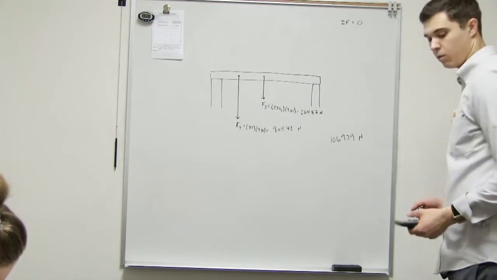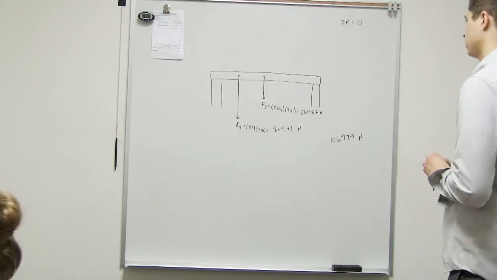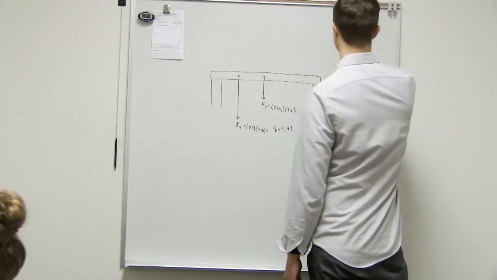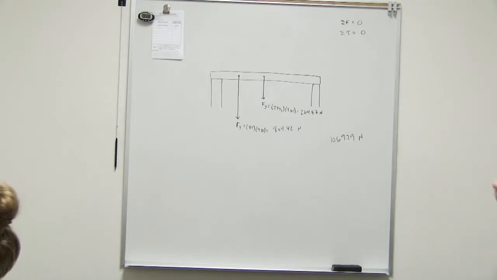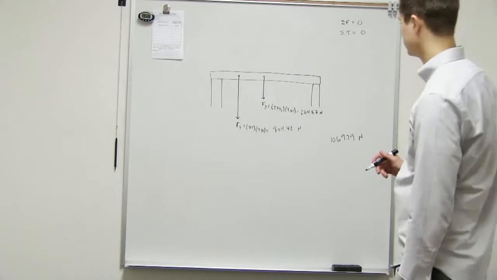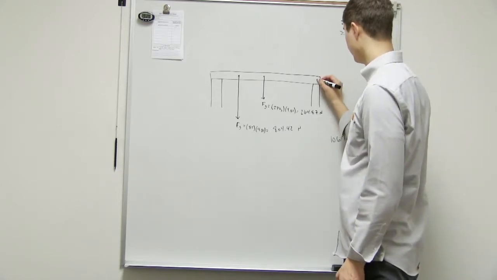Okay, so now we'll want to start using our other tool with static equilibrium, and that is that the sum of torques also must equal 0 if static equilibrium is being observed. So let's select this side as our pivot point.